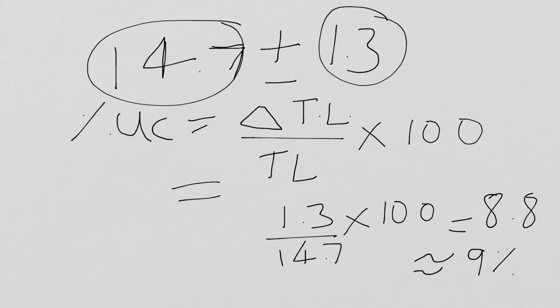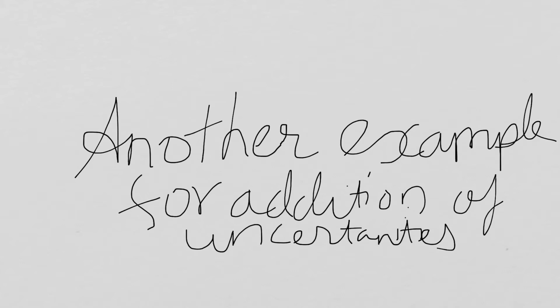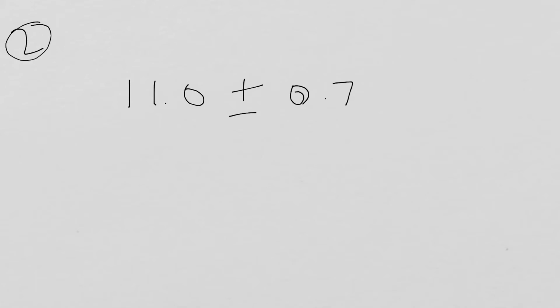Okay, so now we will take another example for addition of uncertainties. Here they have given two values. The first value is 11.0 plus or minus 0.7, and the other value is 16.6 plus or minus 0.5.